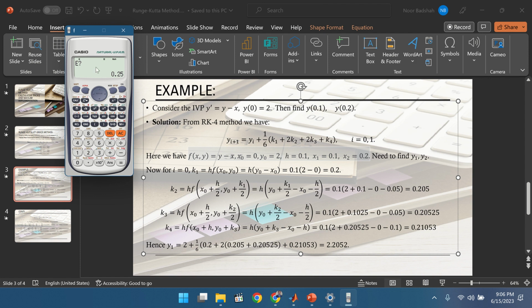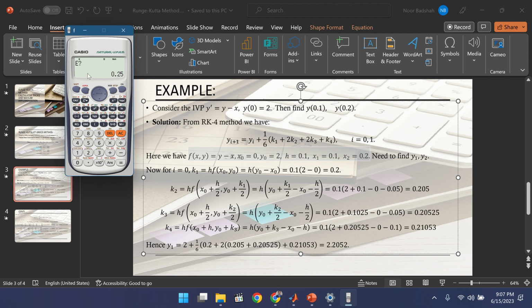Now it will ask for e. Now what would e be? You see, we have called x naught plus h by 2 as e. H is 0.1. Now 0.1 divided by 2 is 0.05, plus x naught. Now x naught was taken as 0, so we'll be using this one as 0.05.